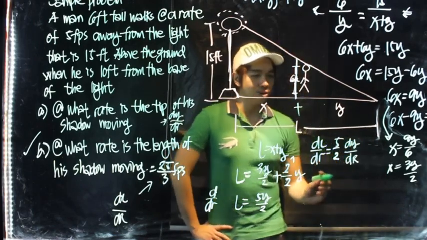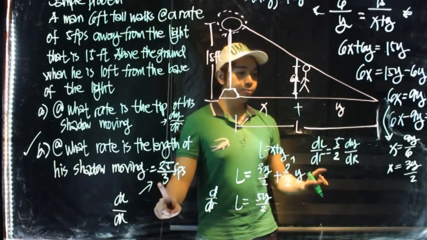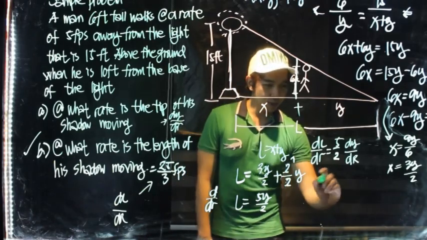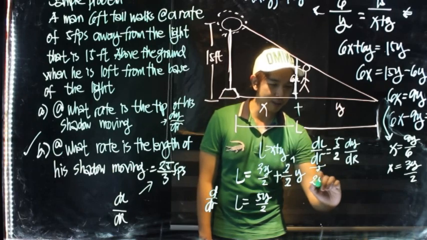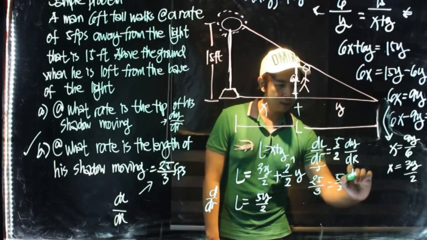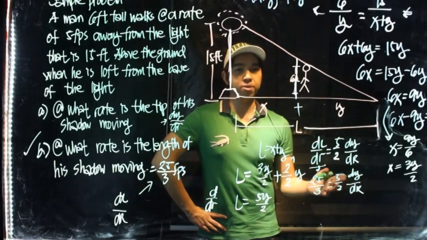Now we have our dl over dr, which is equal to 25 over 3 foot per second. Substituting it here, we have 25 over 3 equal to 5 over 2 dy over dr, which is now our concern for this particular part of the problem.